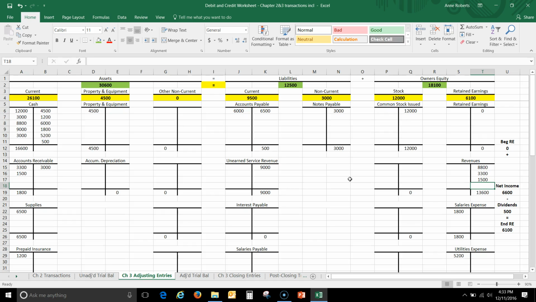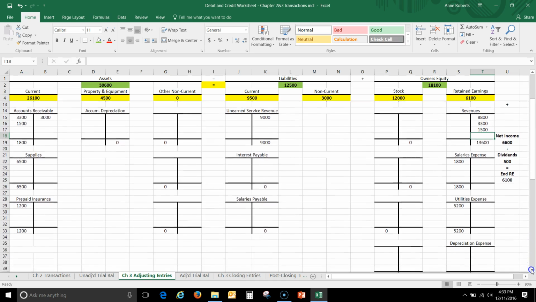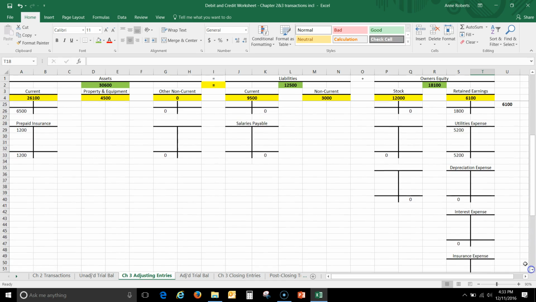So we record the interest expense. The expense is going up, so it's going to be a debit. The interest payable, or the liability for that interest, is also going up, so that's going to get a credit. So if we come over here to our interest expense, we're going to have to scroll down here and find our interest expense. We're going to debit our interest expense for $20.